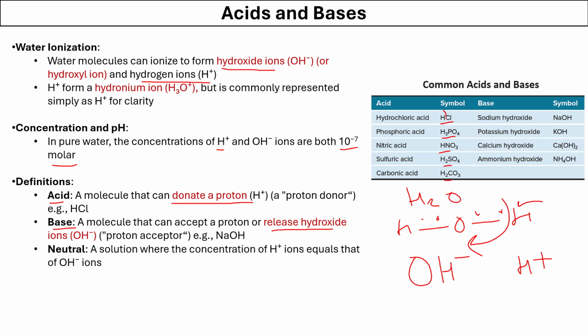They can all donate these hydrogens when they are dissolved in water, which is why they are acids. Whereas bases, such as sodium hydroxide, potassium hydroxide, calcium hydroxide, or ammonium hydroxide, have the tendency of giving hydroxyl ions or hydroxide ions when dissolved in water. That is why they are bases.